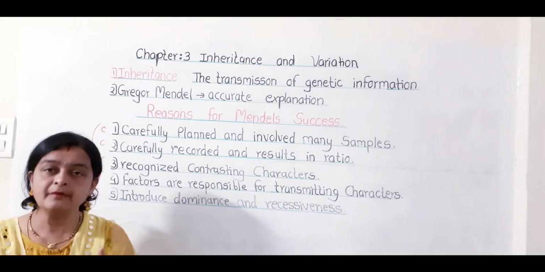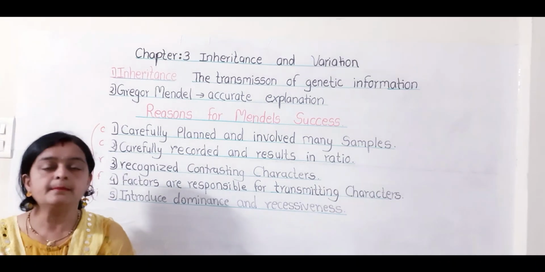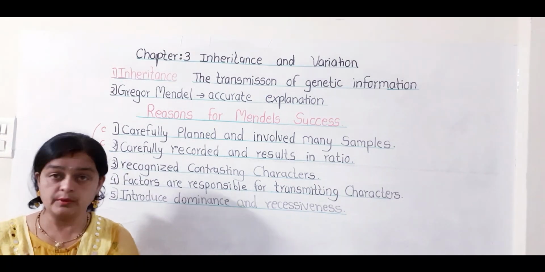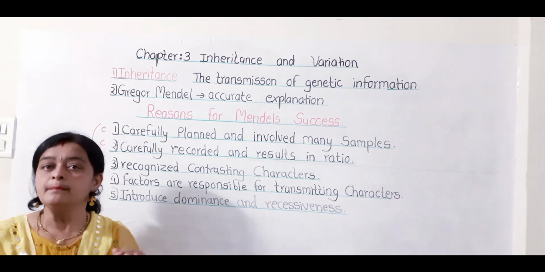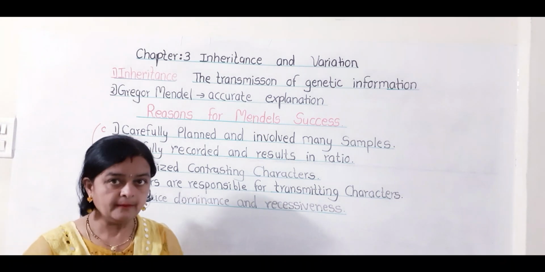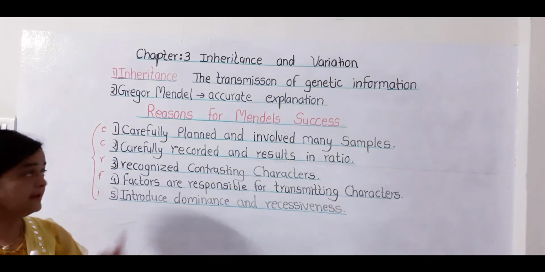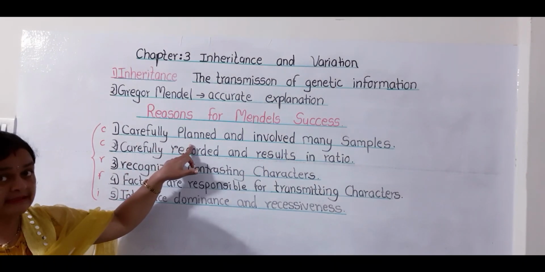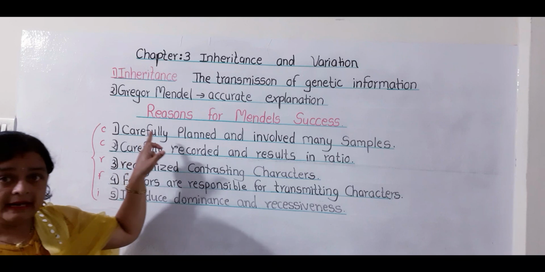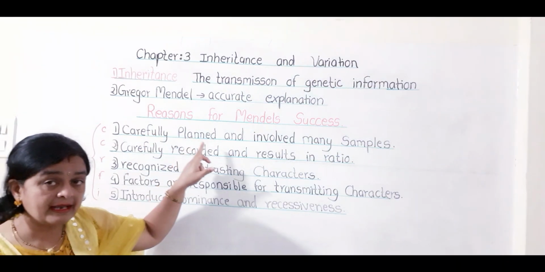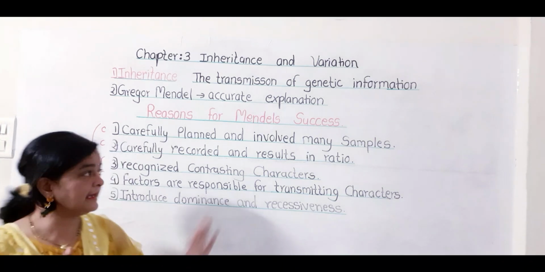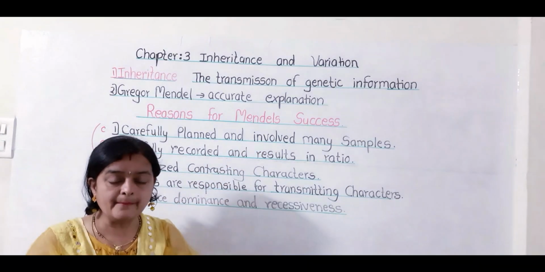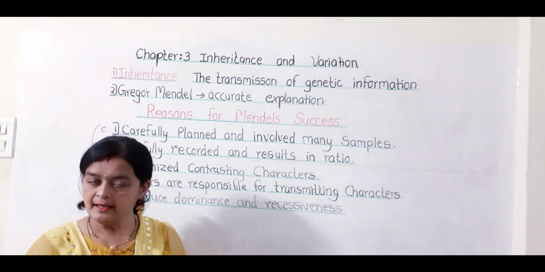In botany we use the term Pisum sativum for pea. So this is the first reason why Mendel succeeded: he did experiments with carefulness, with proper planning, and with many plants.